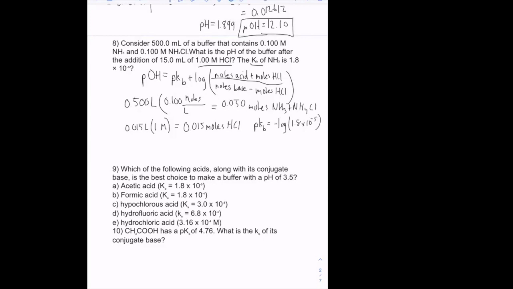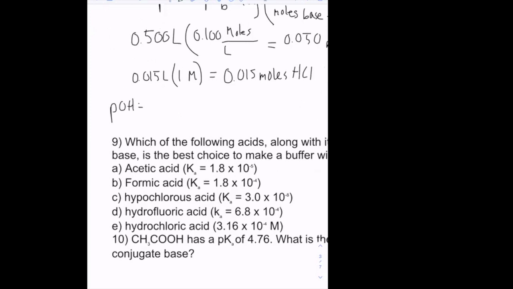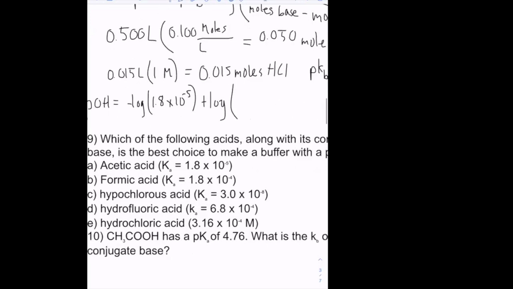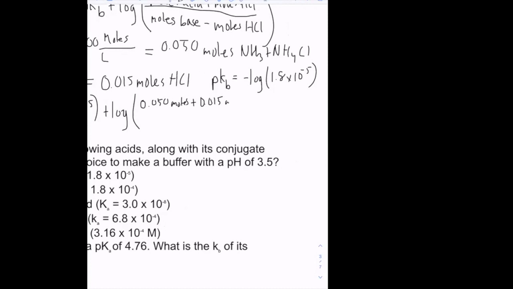When I plug these things in, we get that pOH equals the negative log of 1.8 times 10 to the negative fifth, plus the log of 0.050 moles plus 0.015 moles HCl, over 0.050 moles minus 0.015 moles of HCl.